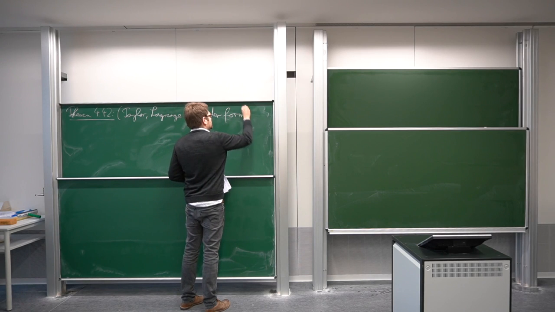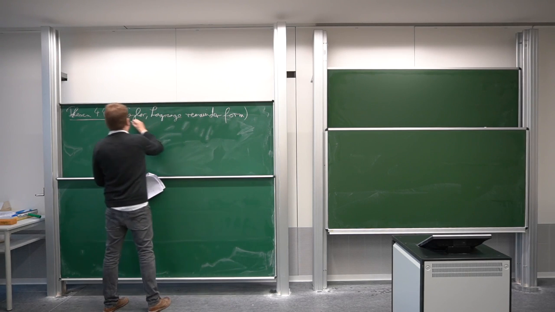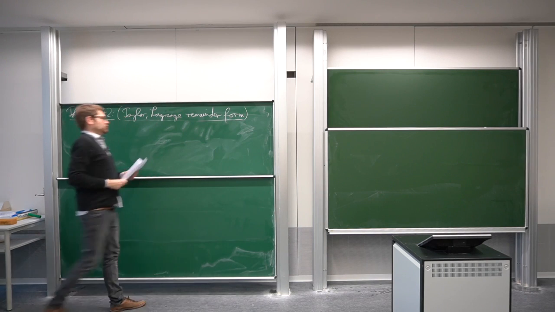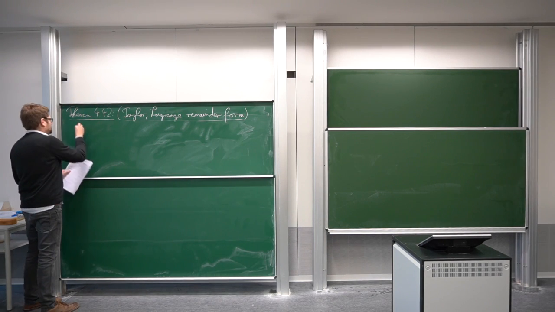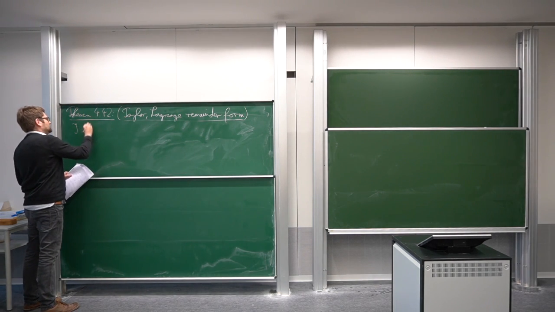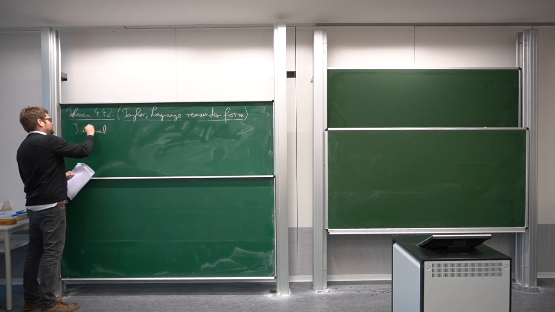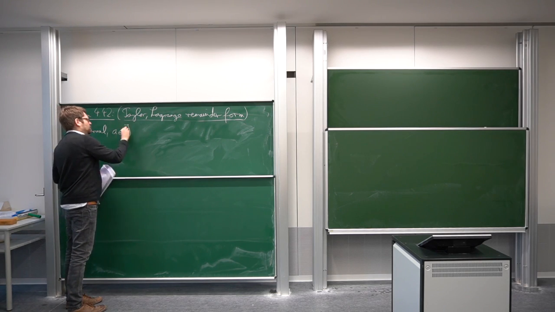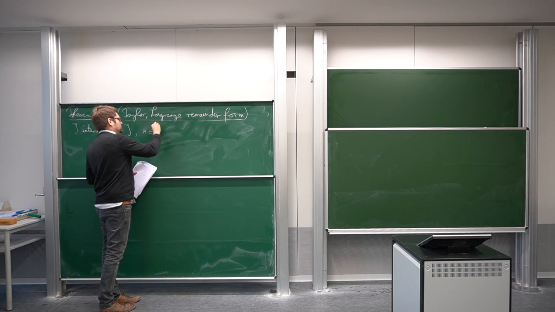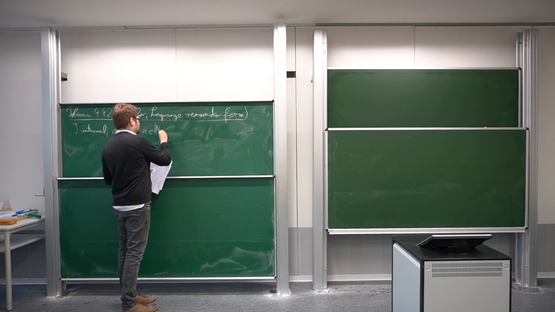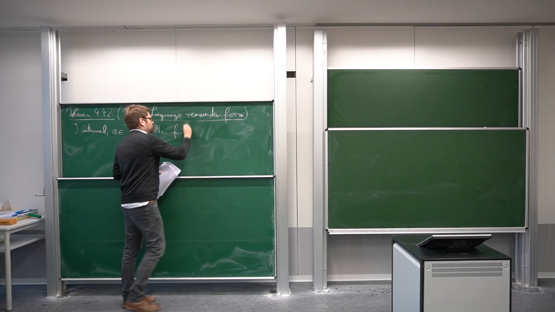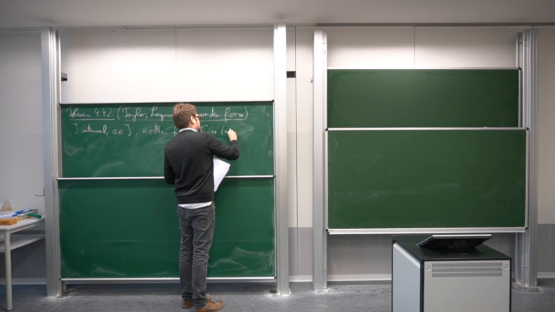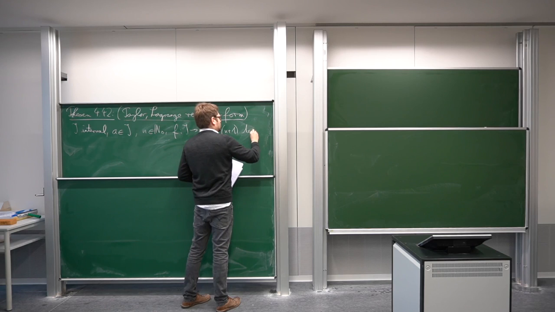For all French-speaking students, this is called the Lagrange remainder form. Sorry about messing up with the languages. Okay, Lagrange remainder form, namely, assume we have I an interval, and we have a function which is sufficiently differentiable. So assume we fix some point a in the interval I, then we take n in N0, and f from the interval to C is n plus 1 times differentiable.